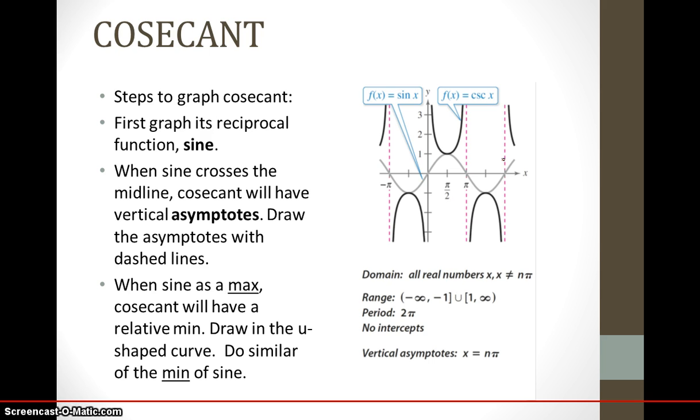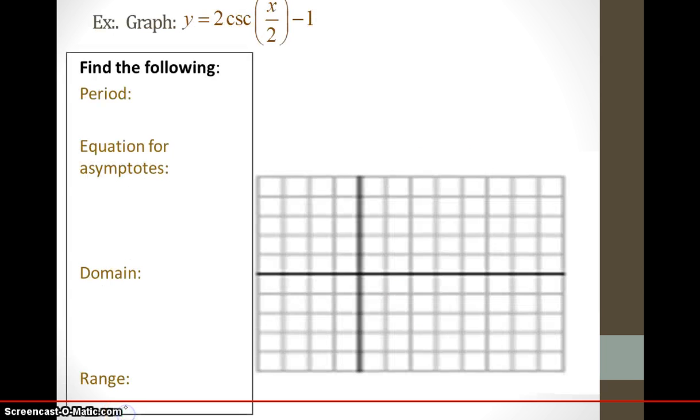So we have just pi, and then we'll multiply it by n. This one has no intercepts, right, because we have another vertical asymptote here that's not shown. Okay. And then our period is 2 pi, just like our sine function, and our range, just like the other one, goes from -infinity all the way to -1, and then once again from 1 all the way up to +infinity.